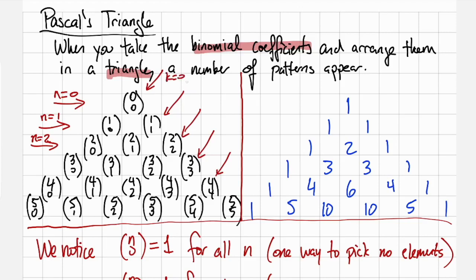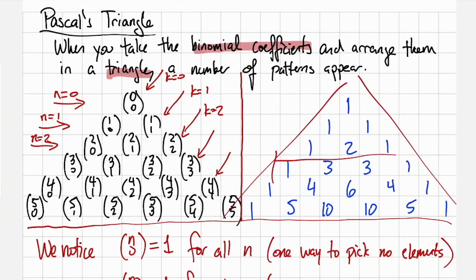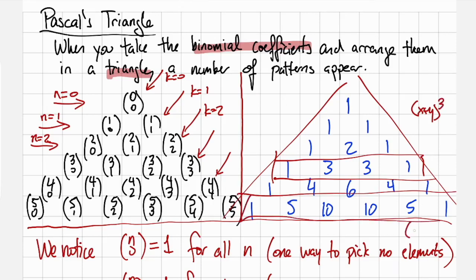This is k equals 0, k equals 1, k equals 2, etc. When we calculate those numbers, we get this triangle. For example, we see 1, 3, 3, 1. Those are the coefficients in the expression (x plus y) to the third. These numbers 1, 5, 10, 10, 5, 1, those are the coefficients in the expression (x plus y) to the 5th. And we start to notice some patterns in this triangle.